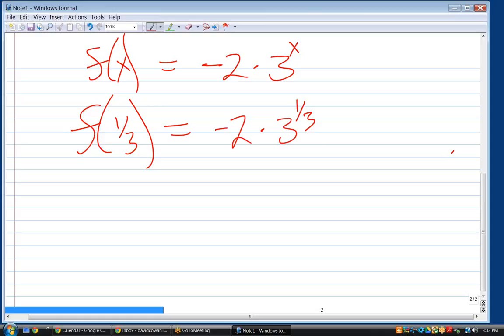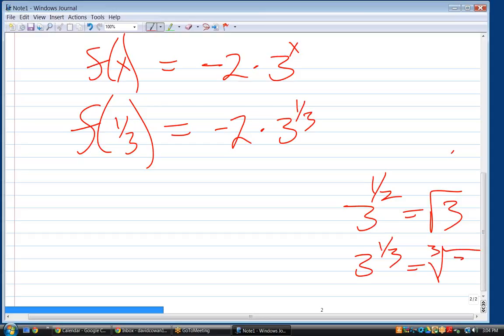It's the cube root of 3. In other words, when you have a fractional exponent, if it was 3 to the 1/2, that would be the square root of 3. 3 to the 1/3 is the cube root of 3. 3 to the 2/3 is the cube root of 3 squared. So that's the way fractional exponents work.